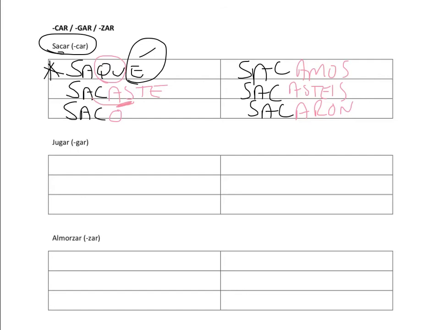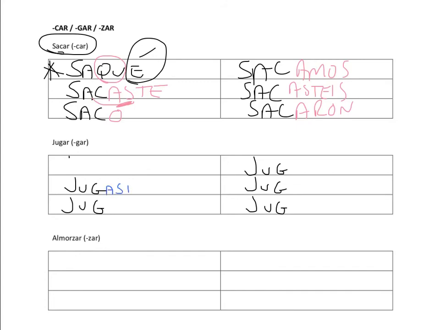So, let's look at jugar. I'm going to do a different color for that one. That's still kind of light. Let's go with that. So, jugar. Okay. So the rest of them are fine. So let's put the roots here. Jug. Again, no stem change. Boot verbs, all that good stuff, that's a thing of the present tense. We're in the preterite tense.